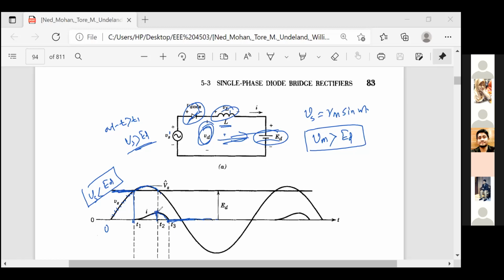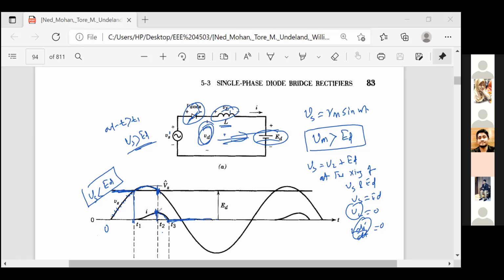Of course, here the current will have the peak value at T2, the zero crossing of Vs and Ed, because if I again apply Kirchhoff's voltage law, Vs will be VL plus Ed. So at the crossing of Vs and Ed, Vs must be equal to Ed, then VL equal to 0. VL equal to 0 means L di by dt equal to 0, right? So I must have the peak value at the crossing of Vs and Ed.